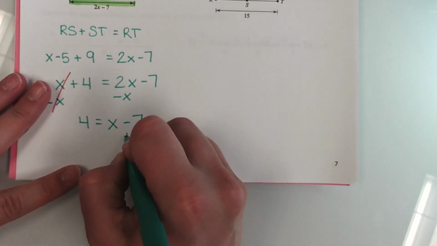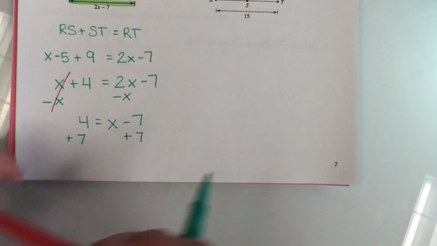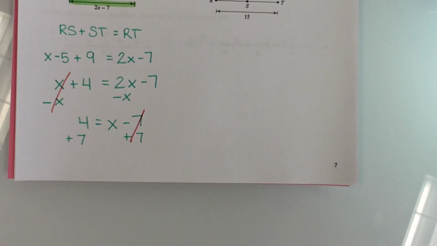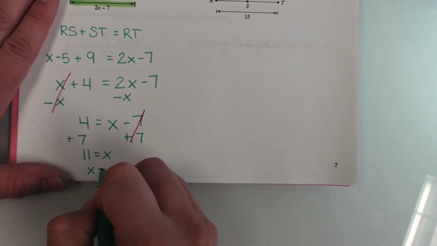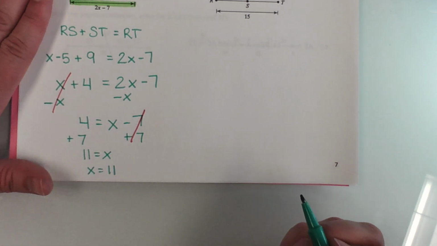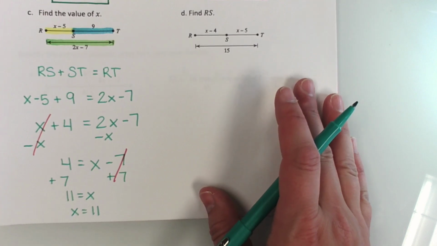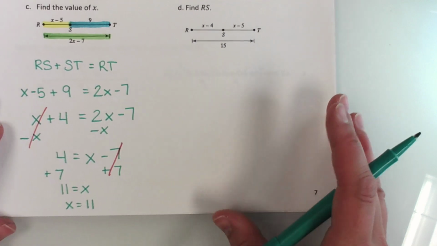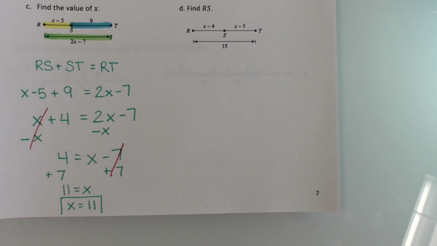Add 7. Cancels out there. 4 plus 7 is 11. 11 is equal to x, or x is equal to 11. Is that what the question asked me to solve for? Yes, find the value of x. I asked that because sometimes it's going to ask for something else.